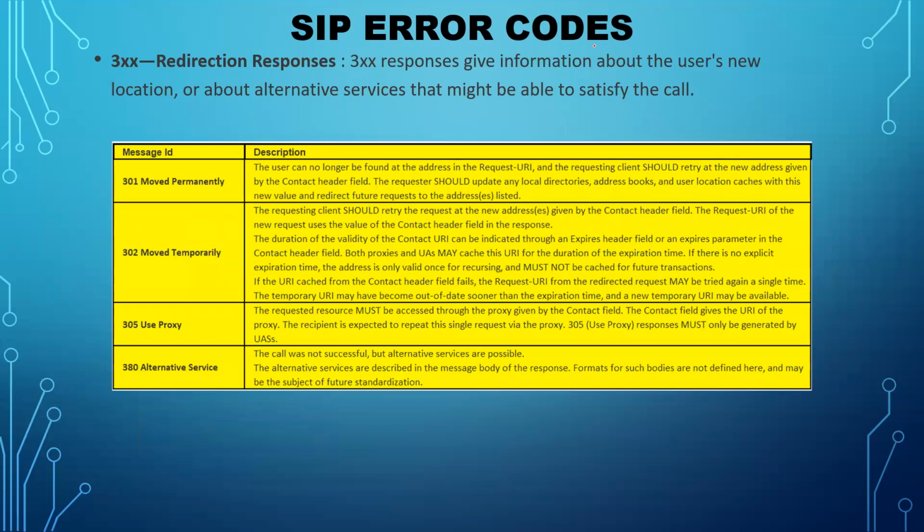Let's move on to the next one, that is 3xx redirection responses. This 3xx response gives information about the user's new location, right? That would be a redirection or alternate services that might be able to satisfy the call. So keep this in mind.